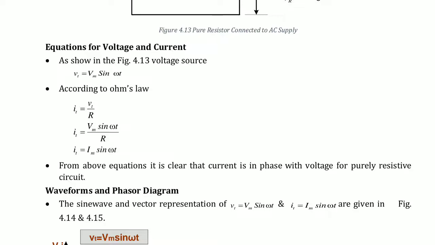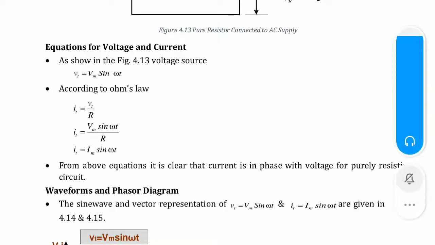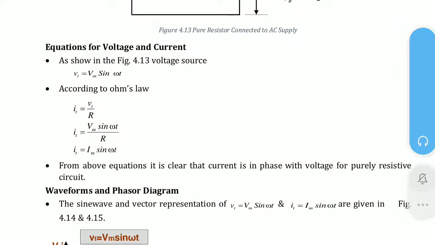Here voltage has sin omega t and current has sin omega t, both are sin omega t. There is no phase difference. So both voltage and current are in phase.